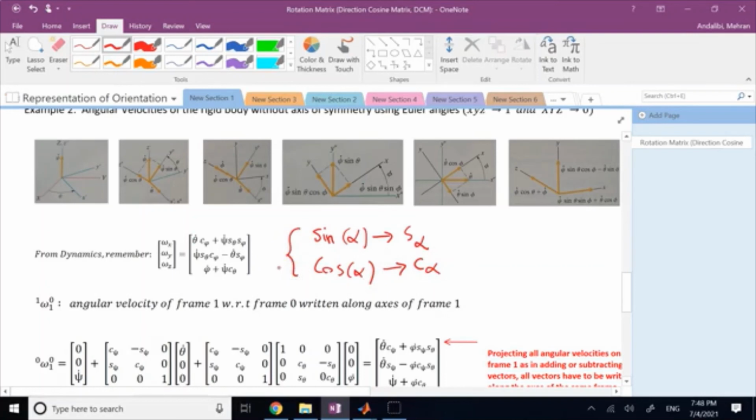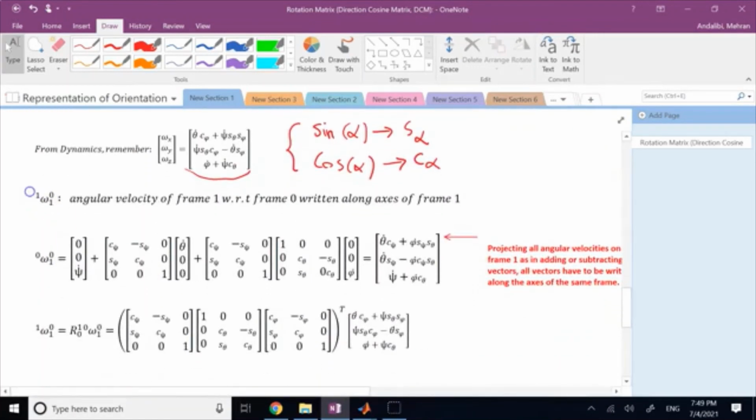Okay, so these are some of the other notations I'm going to use: S and C for sine and cosine of an angle. Okay, so this is the result we found through a bunch of geometry and projections, right? And you can refer to that video for the details.